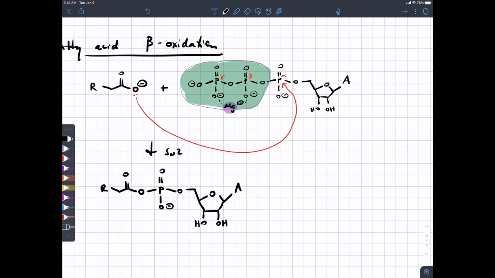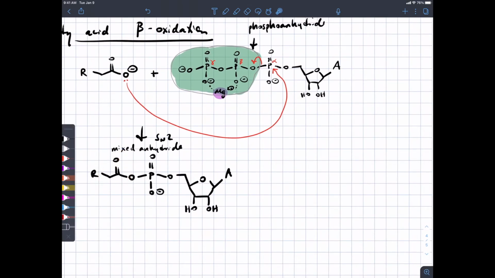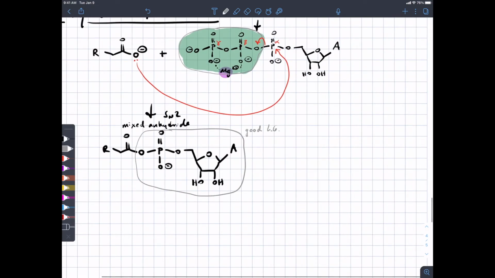The bond that we're breaking is a phosphoanhydride bond. Now we've got what's called an acyl phosphate, or sometimes I call it a mixed anhydride, because it looks like an anhydride, only the thing on this side is different from the thing on this side. But the effect really has been to put a good leaving group on the oxygen of the carboxylic acid.